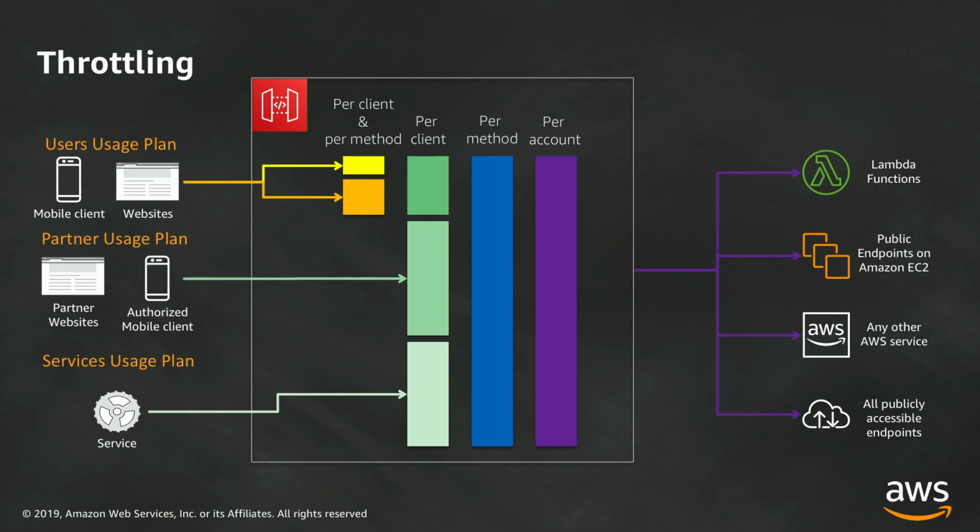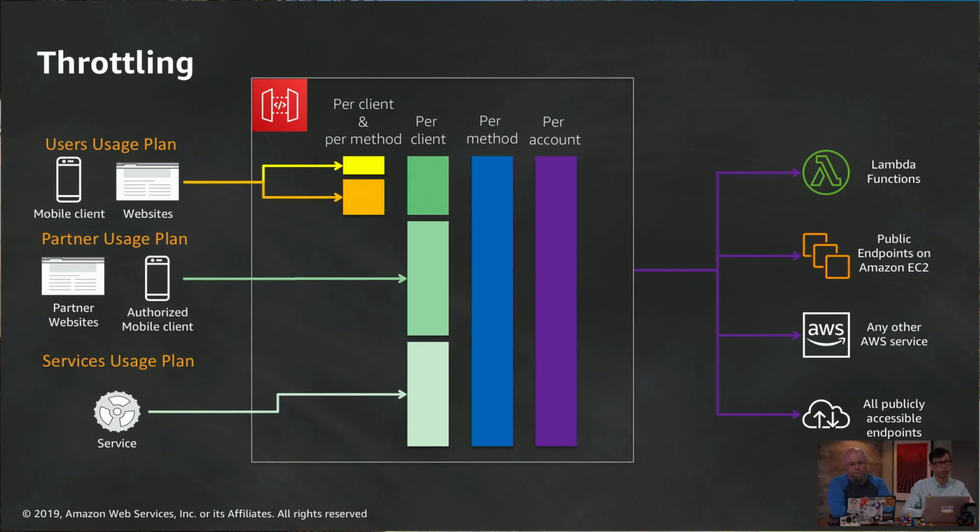Just putting that limit barrier there. API Gateway basically provides 4 levels of this, from very fine-grained, per client per method, which is what you see on the left, to very coarse-grained at the per account level. So how throttling works in API Gateway is that a request has to pass the request limit for all these 4 levels before it'll go through to your backend.